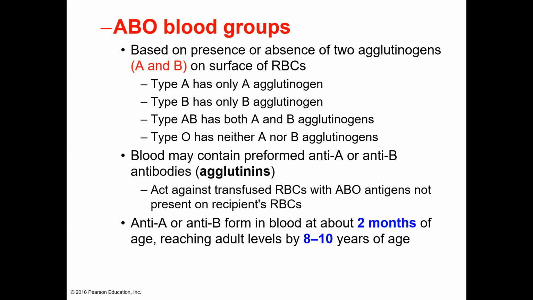It depends on what type. So the negative and the positive is due to the presence or absence of the rhesus factor, while the ABO is due to the presence of the proteins on the surface of the blood.